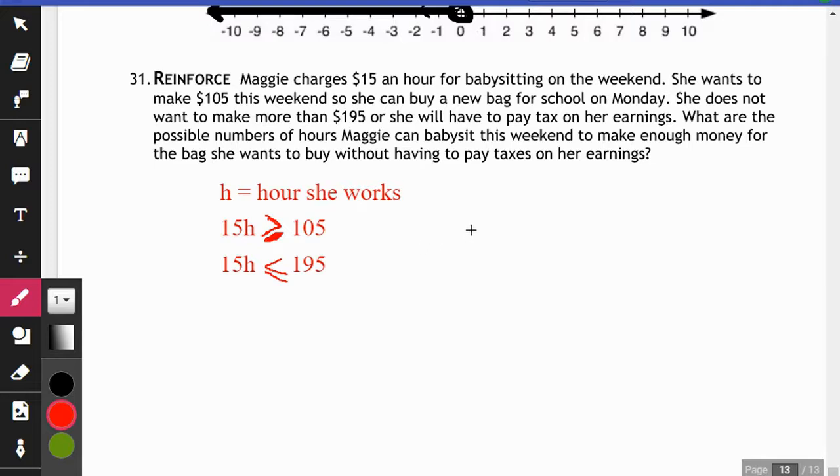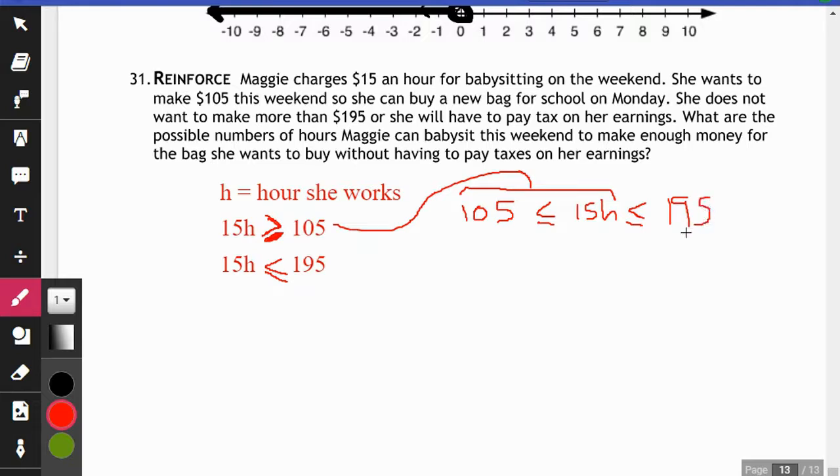So I can write this as an equation again as one big long one. I can say 105 is less than or equal to 15h. Notice that's the top of our two things, right? And then the bottom one is the rest of my statement, 195.